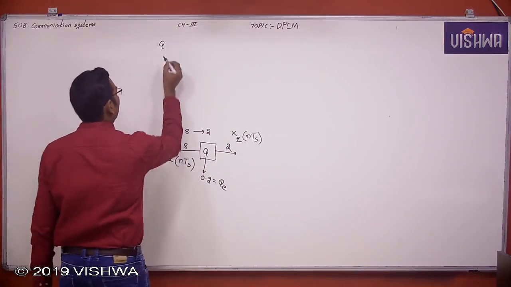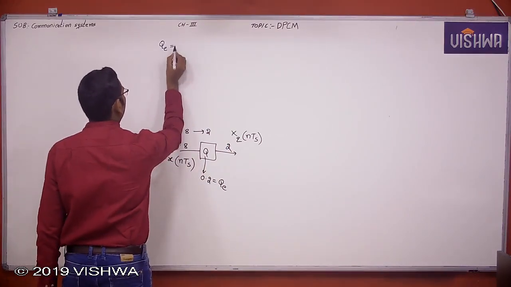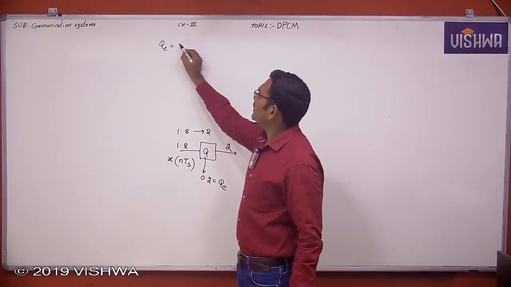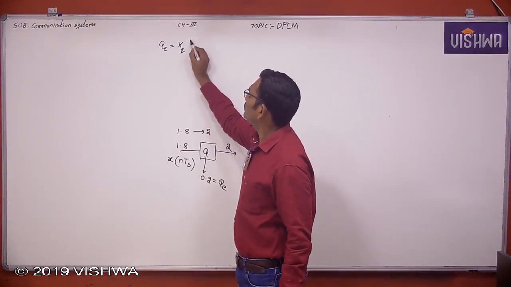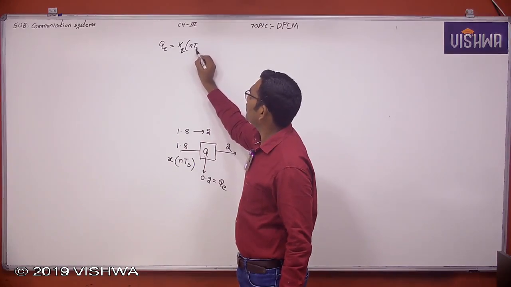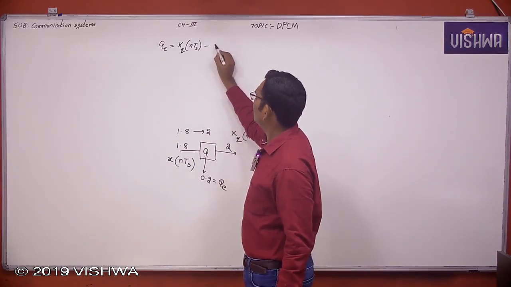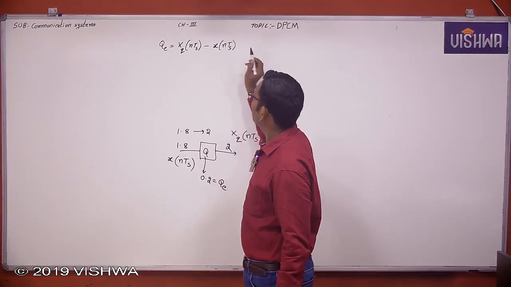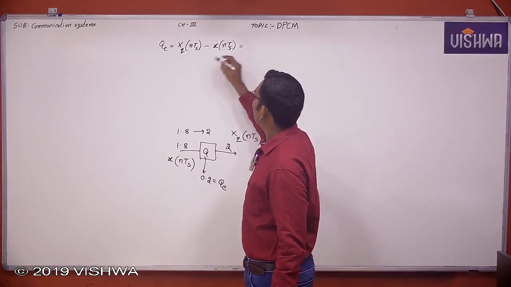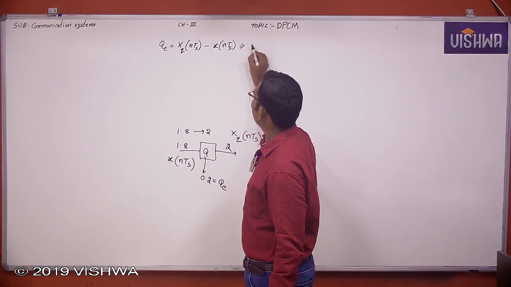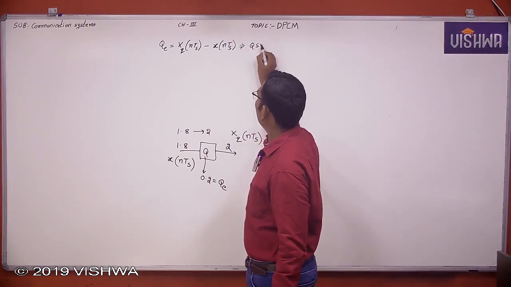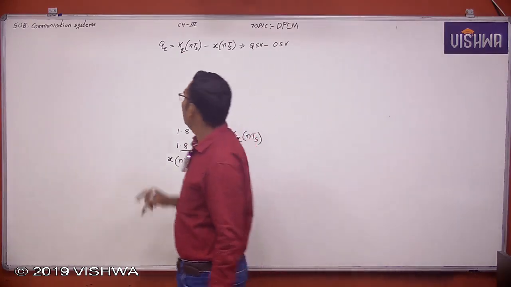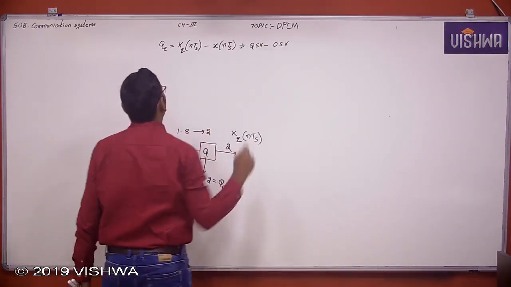So we can say the quantization error is nothing but the quantized sample value minus the original sample value, right? Quantized sample value minus original sample value.